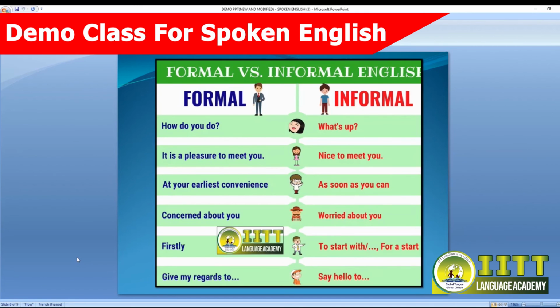The second sentence you can see, it's a pleasure to meet you. When we meet our students, or even a very new one, even though they are our students, we always use formal English with them. We should say pleasure to meet you, not nice to meet you or happy to meet you.